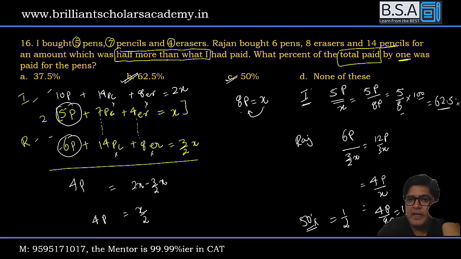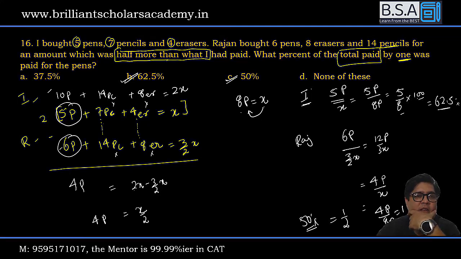Maybe the question is not asking this, but rather what amount was paid total by both, and from that the percentage for pens. You would mark none of these. You would mark 62.5 or you would mark 50%. Because I, the person named I, is paying 62.5% for pens, and the person named Rajan is paying 50% for pens.